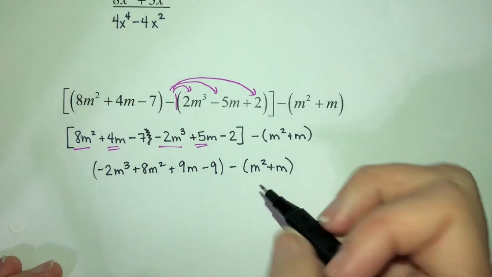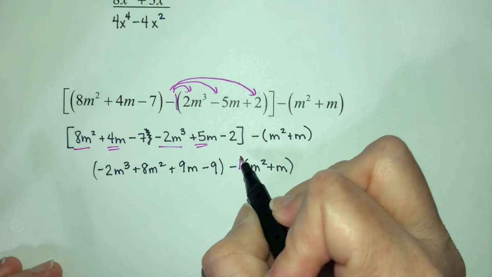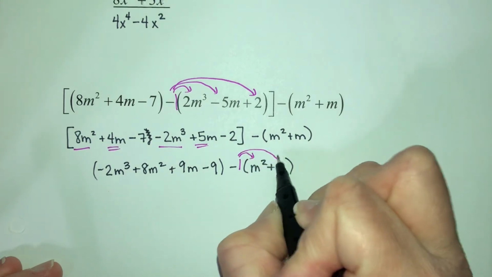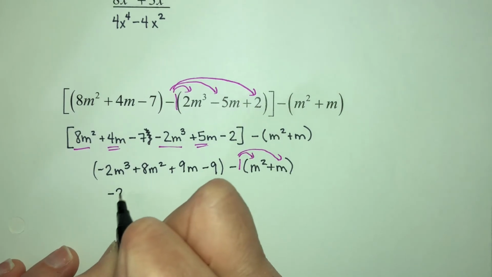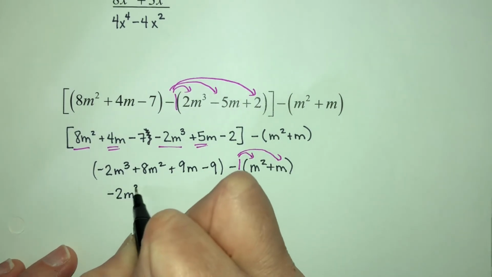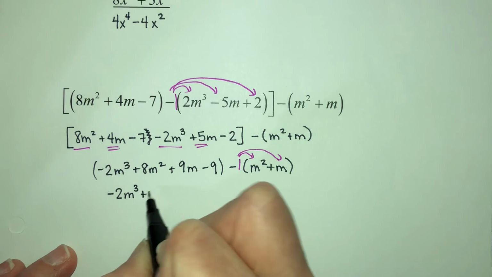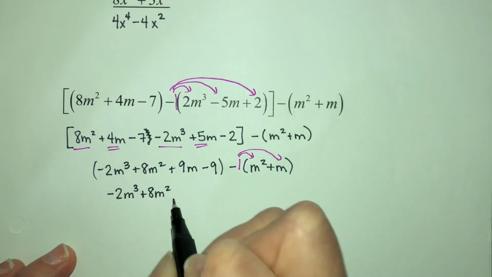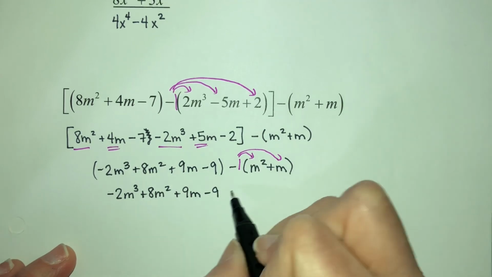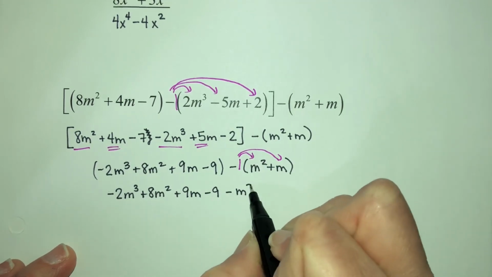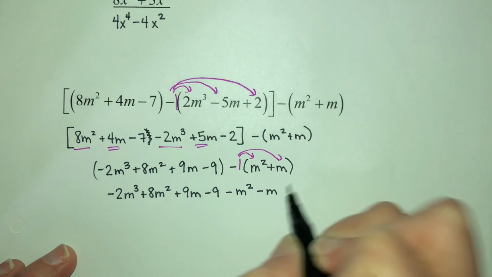Okay. Now I take that understood negative 1 there. It's just another subtraction problem. And distribute that. I can drop these parentheses. To get minus m squared minus m.